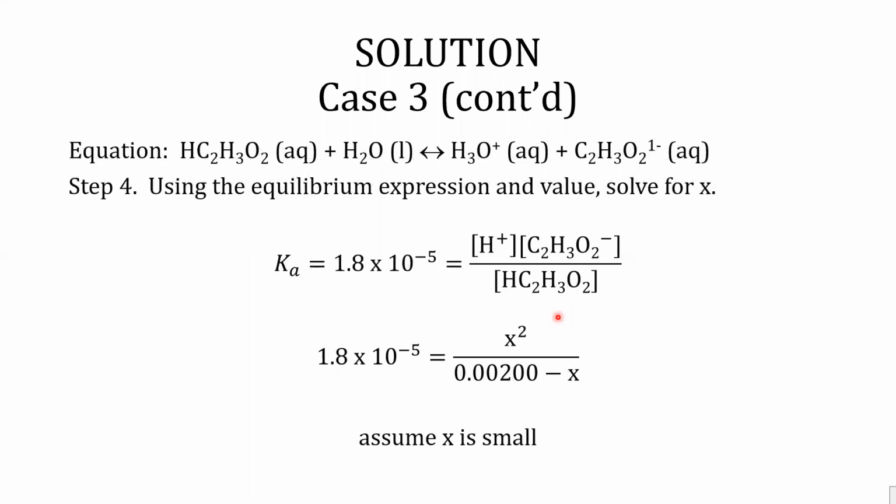Step 4 is to determine, under successive approximation, the final value of x. The equilibrium expression is Ka equals 1.8 times 10 to the minus 5 equals the concentration of H plus times C2H3O2 minus divided by the concentration of HC2H3O2, which equals x squared divided by 0.00200 minus x. The first calculation is done by making the first assumption that x is 0 in the denominator.